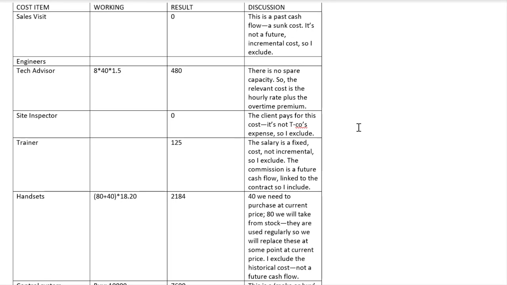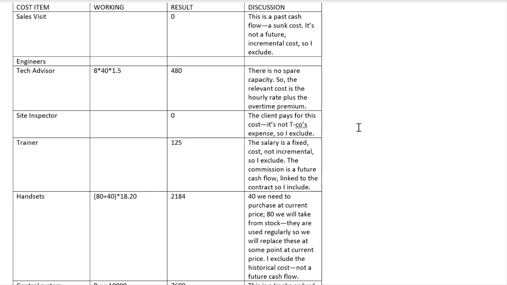So there's a lot to unpack in the engineer paragraph. First thing we see is that they get a salary. Salaries are usually fixed costs, and we exclude those. Then we learn that they're going to lose the generation of contribution if they divert those engineers off their current project.